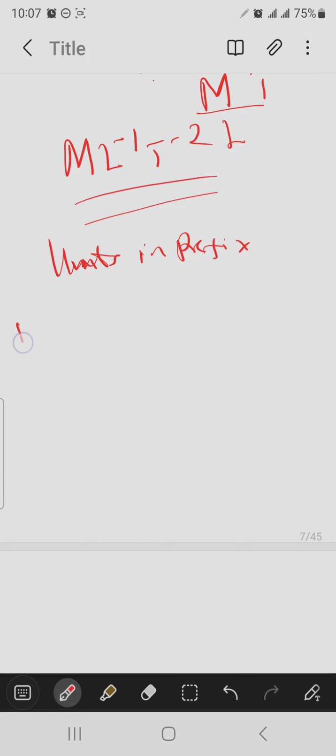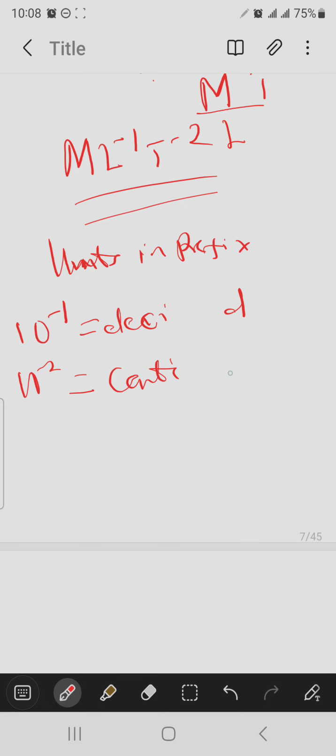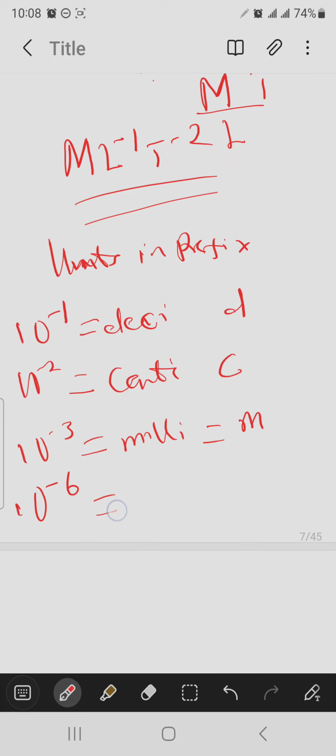When we have 10 raised to the power minus 1, we call it deci, which is D. And when we have 10 raised to the power minus 2, we call it what? Centi, which is C. And when we have 10 raised to the power minus 3, we call it milli, which is M. When we have 10 raised to the power minus 6, we call it what? Micro, with this symbol.